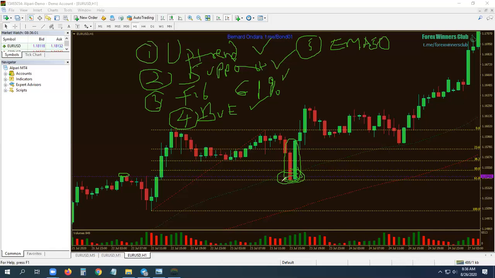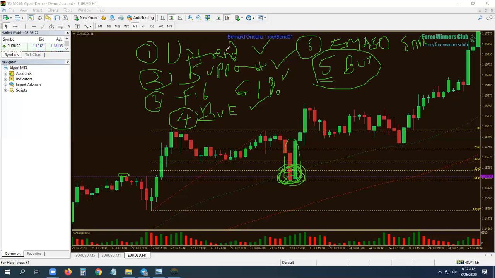Our pattern formed on EMA 50, which is dynamic support and resistance. So, what is interesting in this case is we have 5 reasons to buy. Those are 5 confluences.